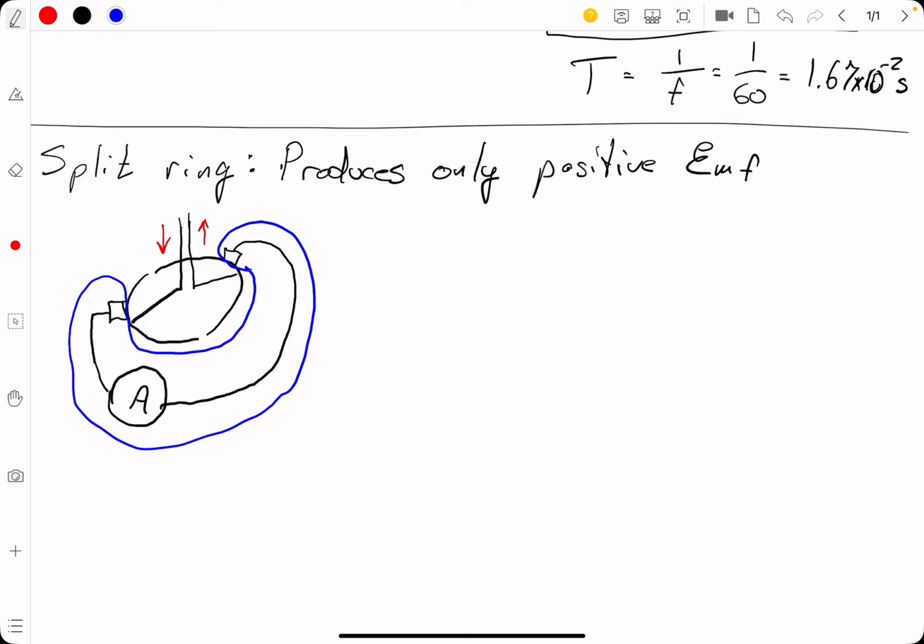And then the current always comes down one side on the left and goes up on the right. And that means that the current only flows one direction, and we end up with that nice EMF versus time, where it does this kind of thing.